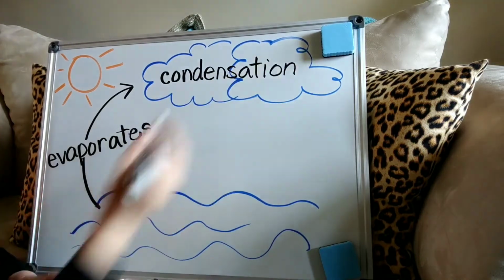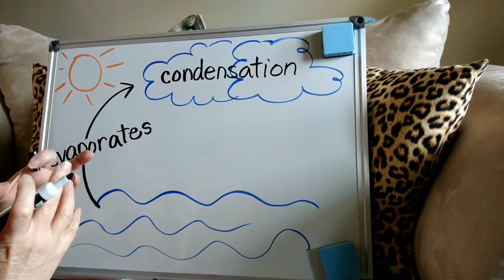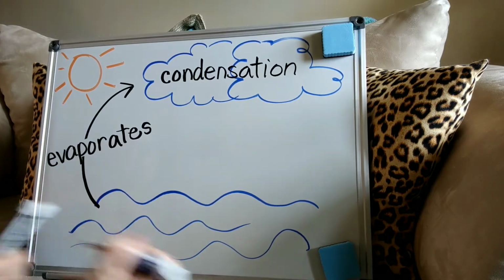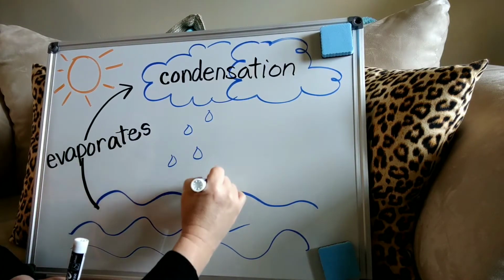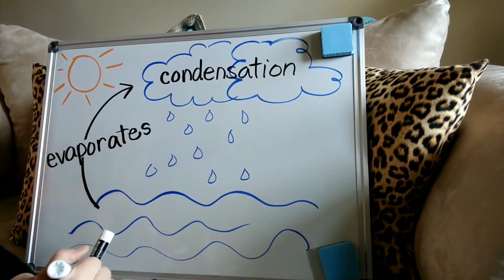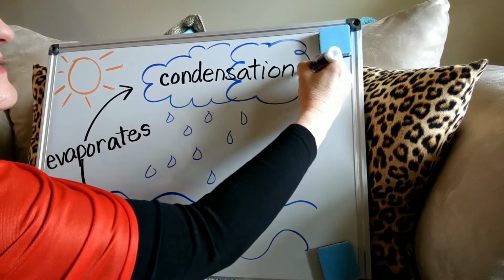Condensation, that's the cloud. And then, remember what happens whenever there's so many water drops up in those clouds that they can't hold it anymore? Yeah, then you start to see some rainfall. And that $1 million word for when the rain comes down, that's precipitation.